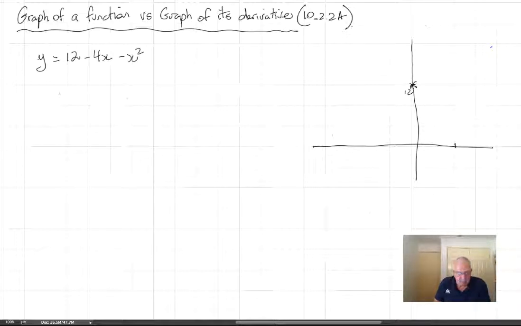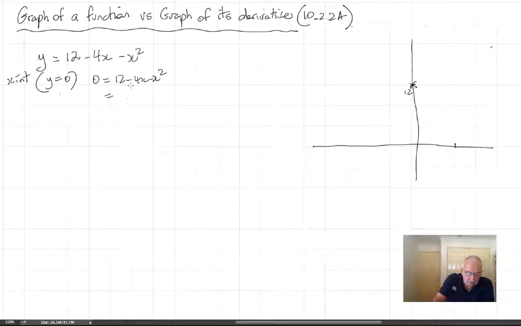And if I want to find out where it cuts the x-axis, the x-intercept is when y equals 0. So we've got 0 equals 12 minus 4x minus x squared. I'm going to factorise that, we've got 6 and 2. So we've got 6 plus x times 2 minus x.